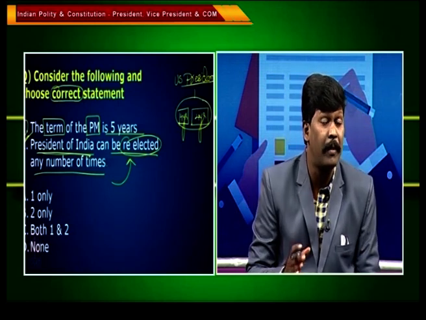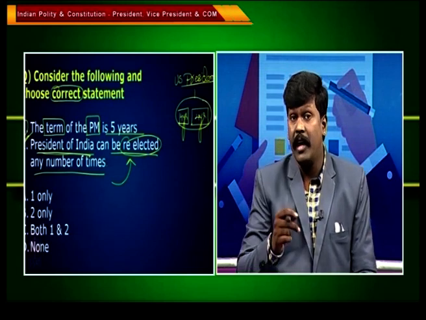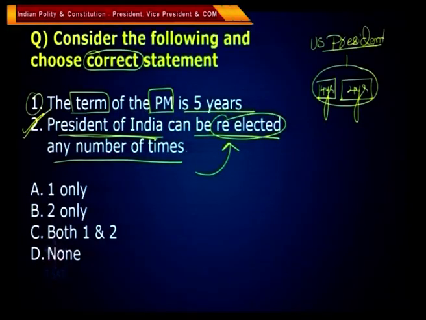See, it all depends upon his proving his majority in Lok Sabha. If the Prime Minister fails to prove his majority in Lok Sabha, he cannot continue as the Prime Minister.